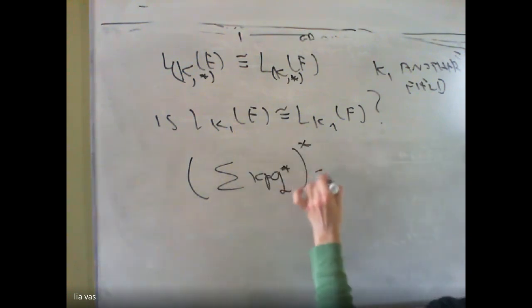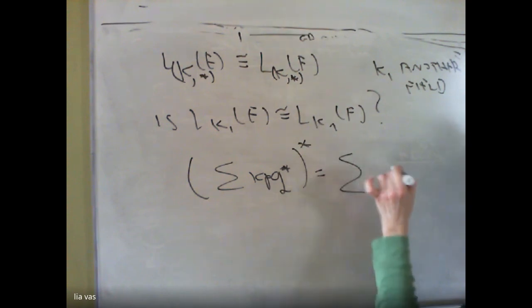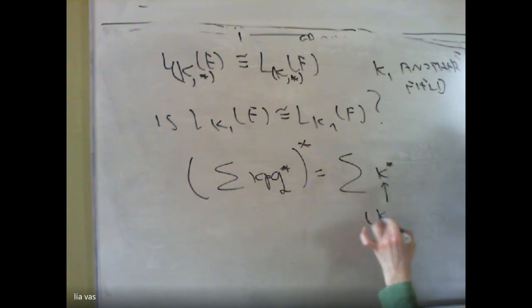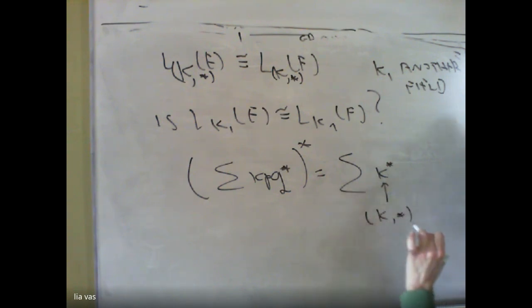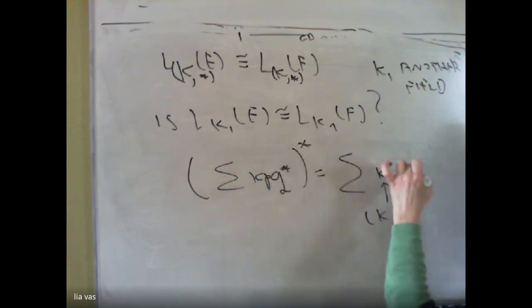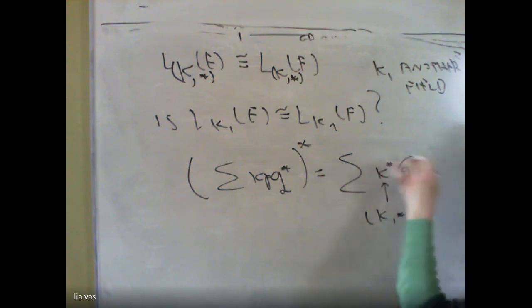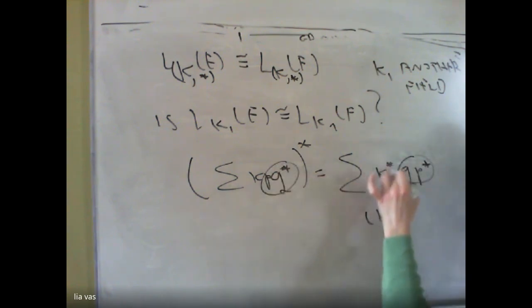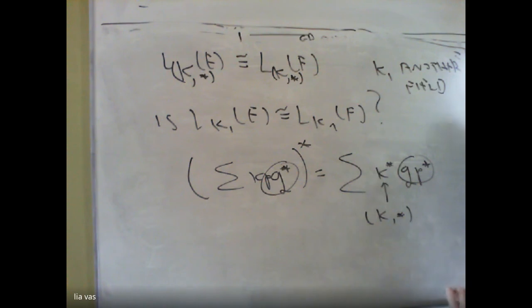If I star this whole thing, I should be able to star the element from K. So this is where the involution on K depends, and PQ star star is Q star star, which is Q, and P star. So you see, this is kind of default, and this is where differences may happen.